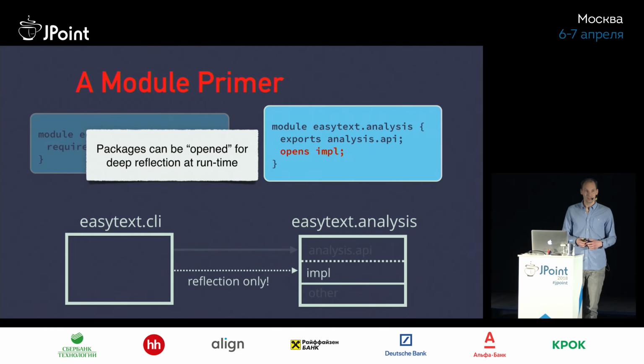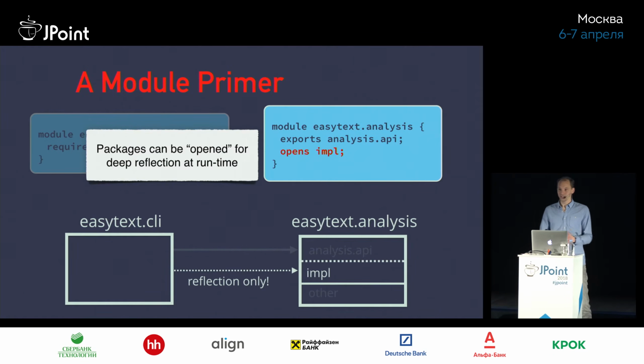But in essence, we have many frameworks in Java that use reflection at runtime to do their work. Think of, for example, Hibernate or Spring. Spring tries to instantiate your service classes, so it needs to reflectively access your classes. It needs to maybe inject into private fields, so it also needs to do so-called deep reflection, so not just reflecting on public parts of classes, but also breaking into private parts of classes.